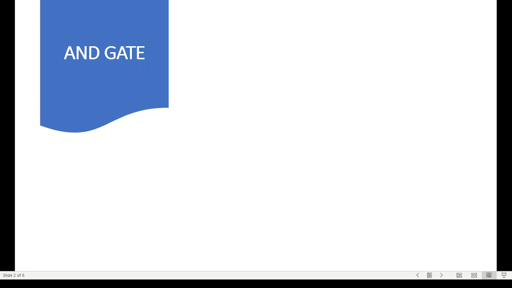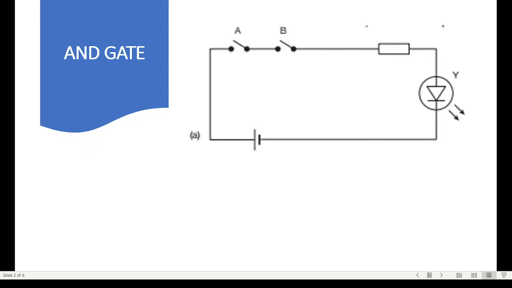Good. So we're talking about the AND gate, which is my first choice of gates, and the AND gate is similar to a series circuit. And we know in a series circuit, both switches must be turned on for this light to be in operation.